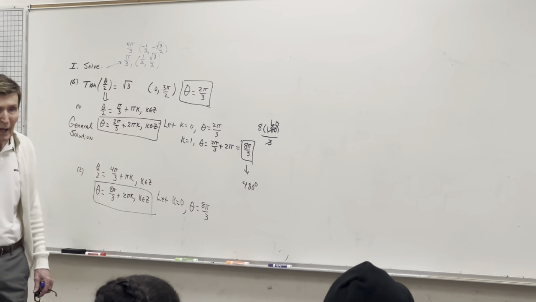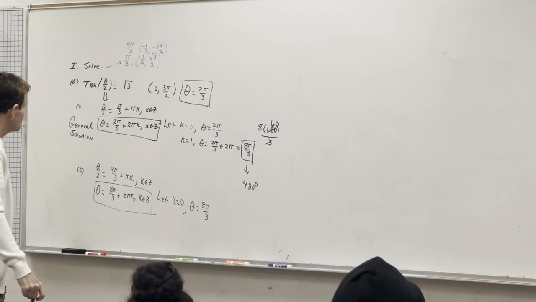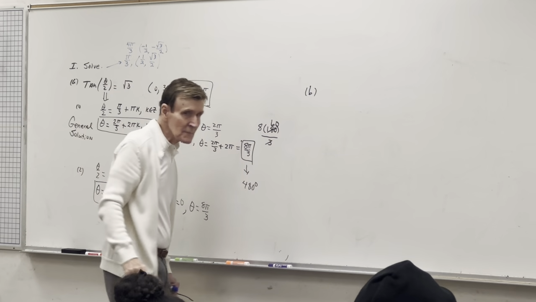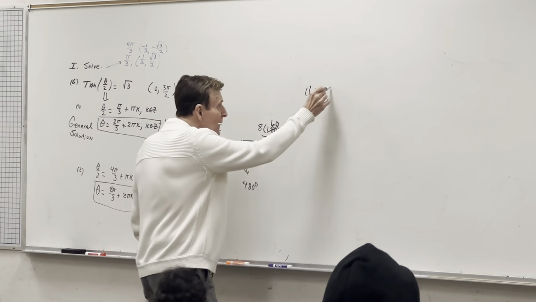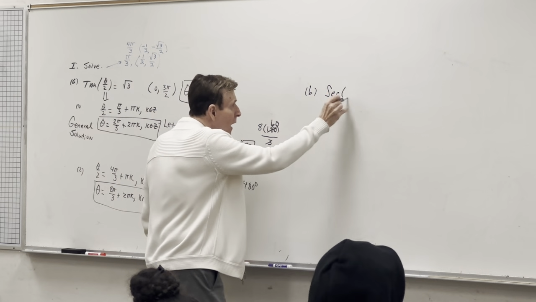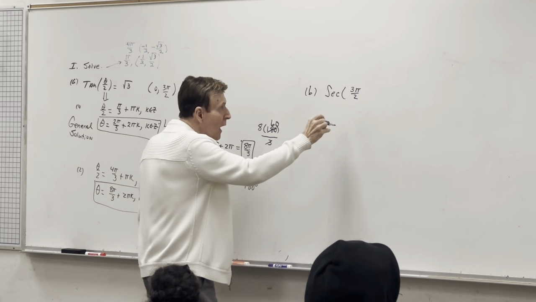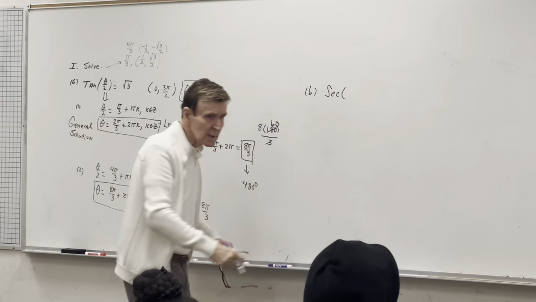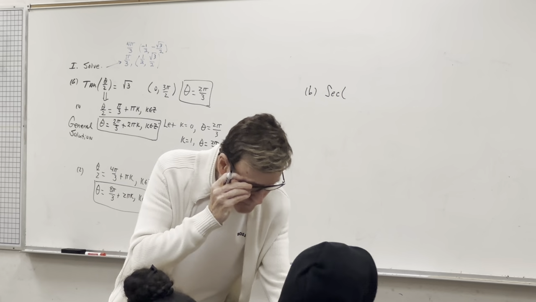Okay. Let's work maybe one more. I think we sort of get the idea here. What's the next one look like? Give me another one. Secant of what? 3 theta over 2.